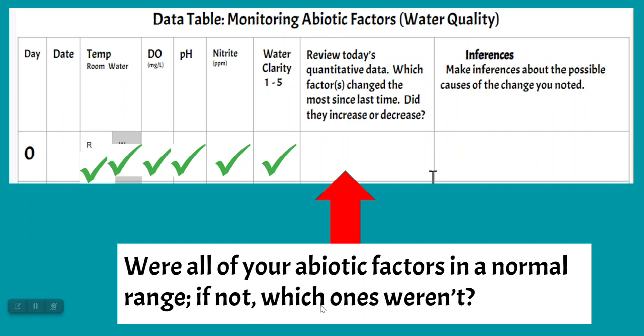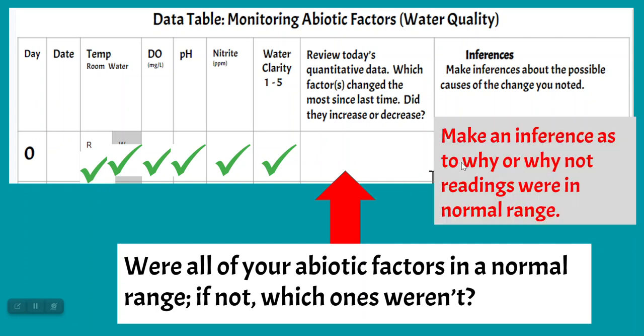So if they weren't, which ones were not in the normal range? You can circle them or highlight them to make a note to yourself that something was not normal. And if you had some that were not normal, try to think about why that might be. Or if they were all normal, try to think about why you think they're all normal. Just a little bit of bullet point comments or something.